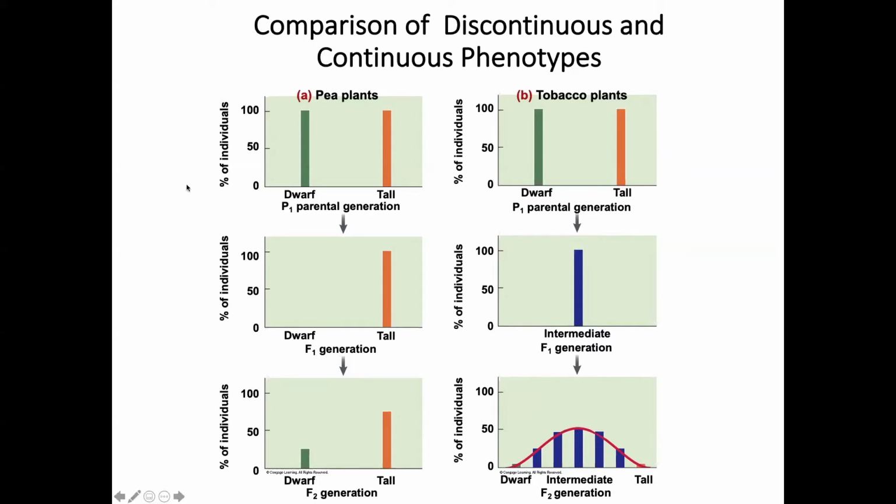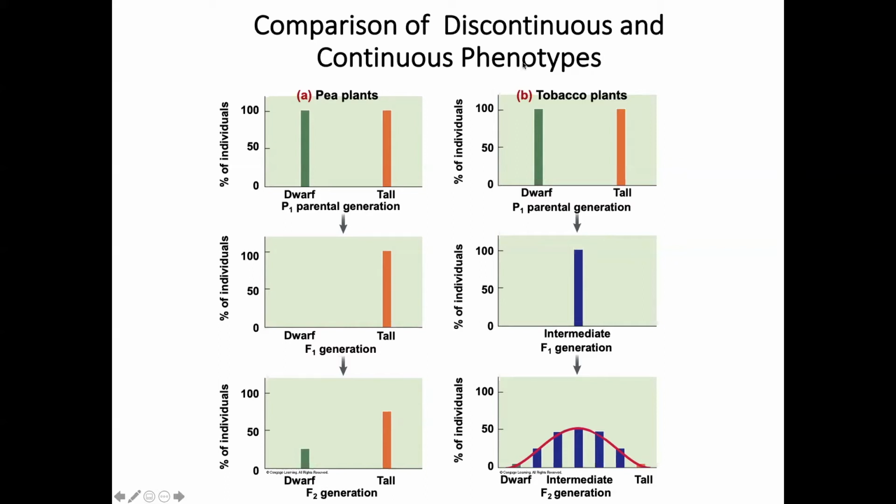The F1 generation shown here has the tall phenotype, but not the dwarf phenotype. And the F2 will have 2 distinct phenotypes, that 70% of the offspring are tall and 25% are dwarf.